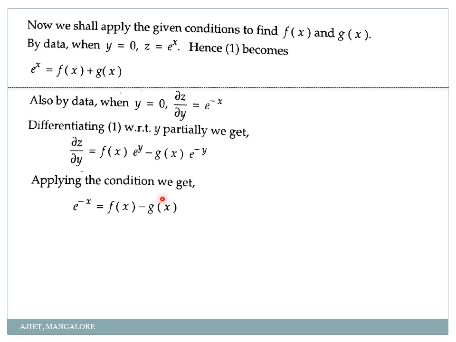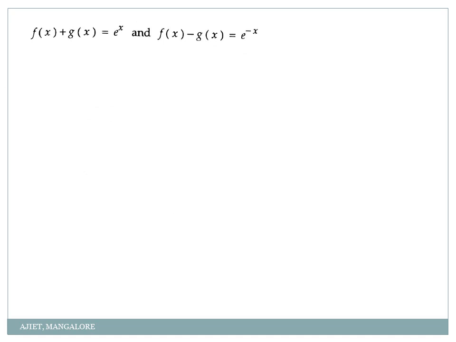There is a plus sign here and a minus sign here, so can I add both the equations first? When I add the equations, +g(x) and −g(x) will cancel, and I'll get f(x). Once you get one function value, the remaining function value is very easy to find. So these are the two equations I am solving.